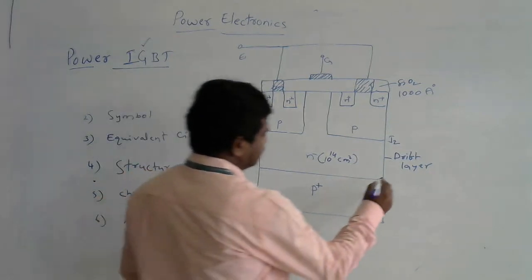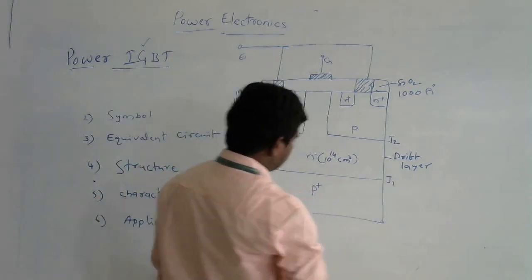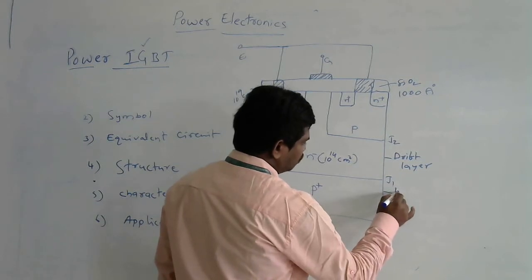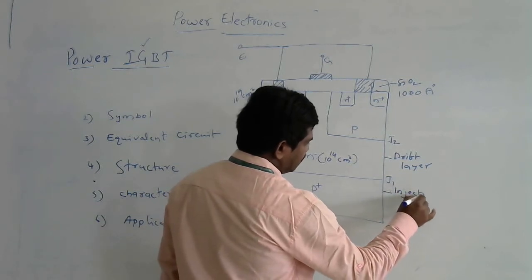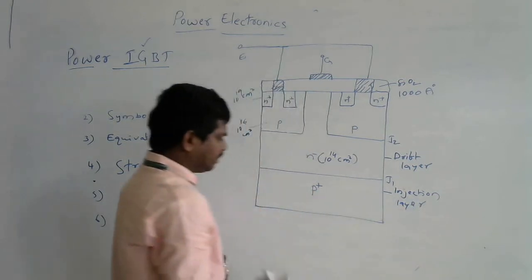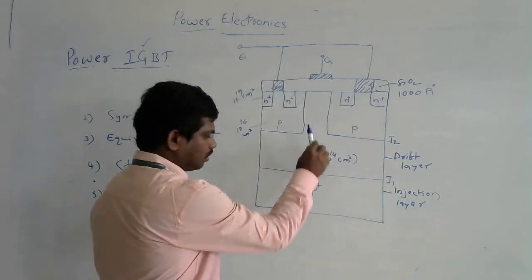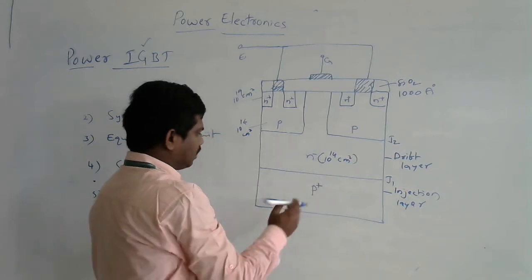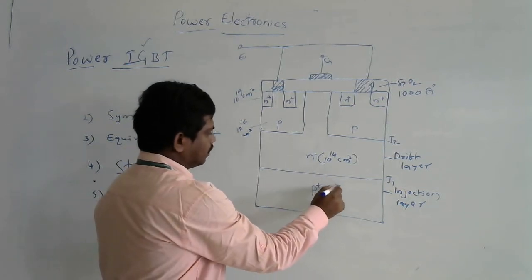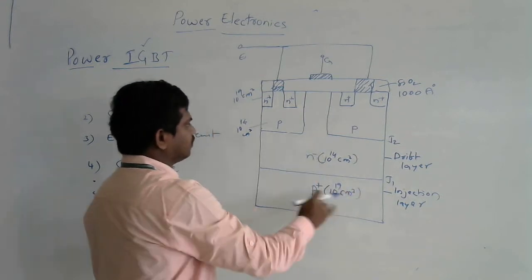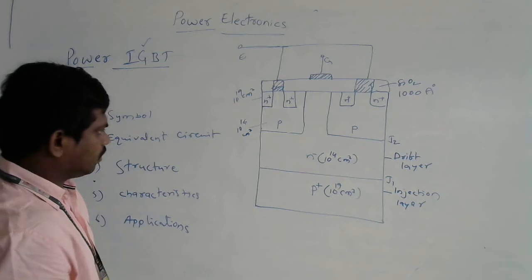I can say this is the J1 junction, and this is the injection layer. Injection layer means the current enters the device through this layer. This is 10 power 19 per centimeter cube. These are the fixed values that you have to remember, right?